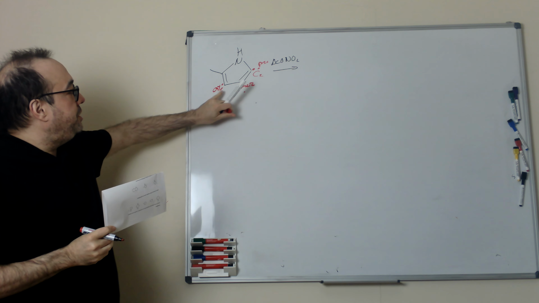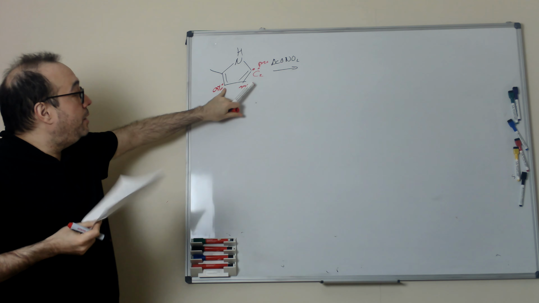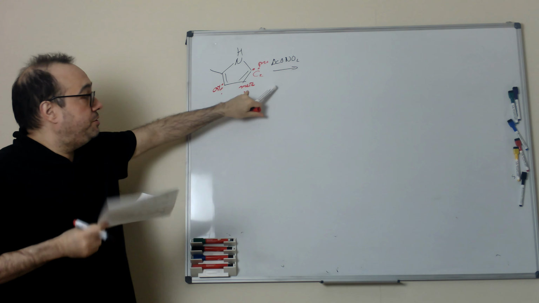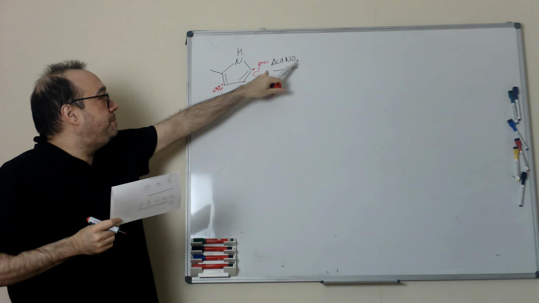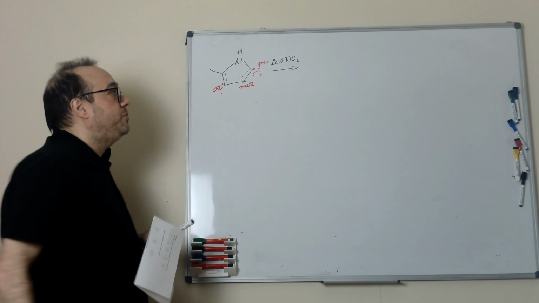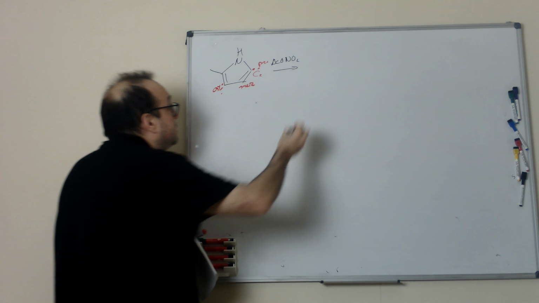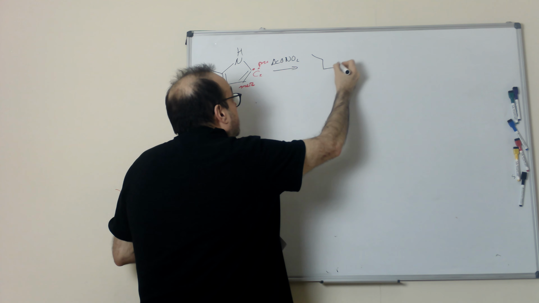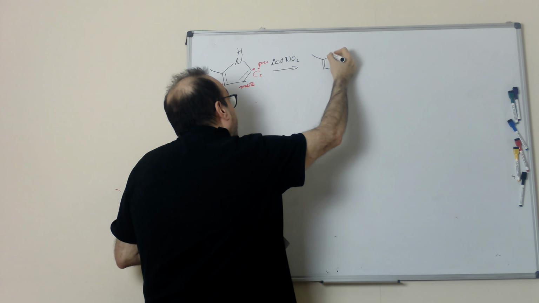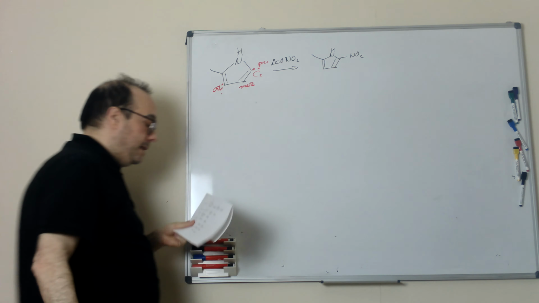This position has the orientation of the methyl, this position doesn't have any orientation, and this position has the orientation of the methyl plus the C2. That means that this will be the most favorable. What we will get is the nitro in the C2 position.